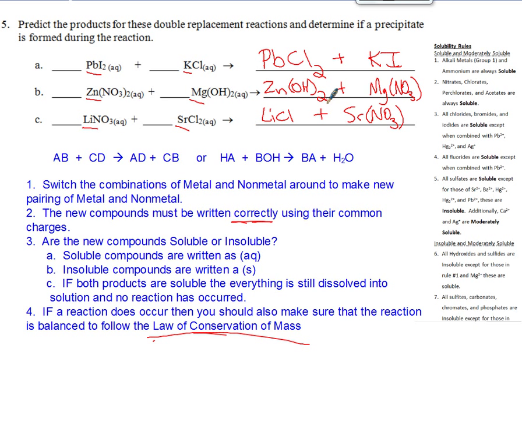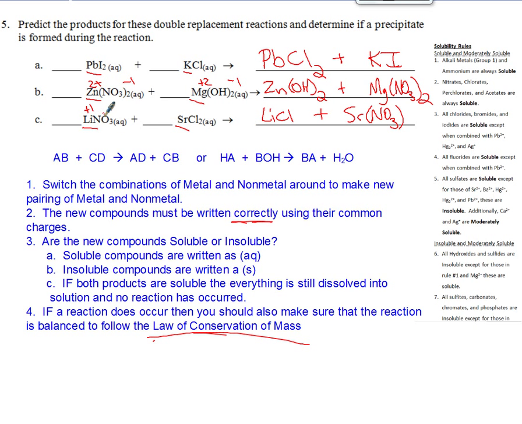Zinc is a +2. Hydroxide's a -1. Okay. Magnesium is a +2. Let me get the charges on here for you so you can see them over here. Zinc's a +2, nitrate's a -1, magnesium's a +2, hydroxide's a -1. So anyway, magnesium's a +2, nitrate's a -1, so I better put a 2 here to fix the nitrates.